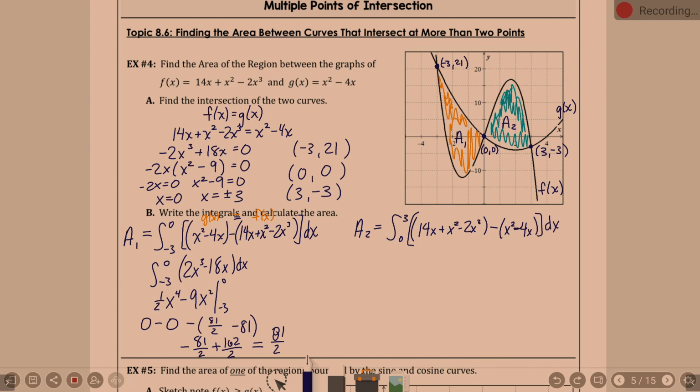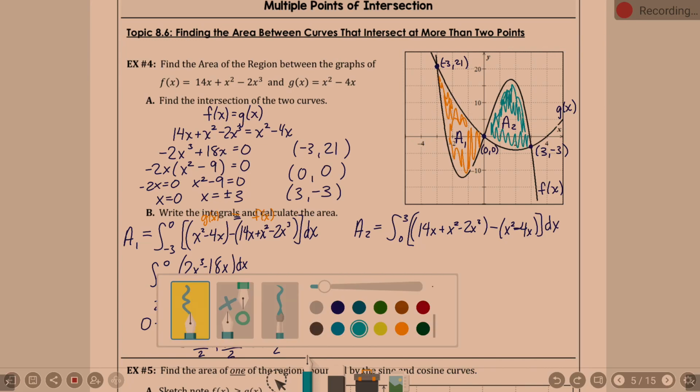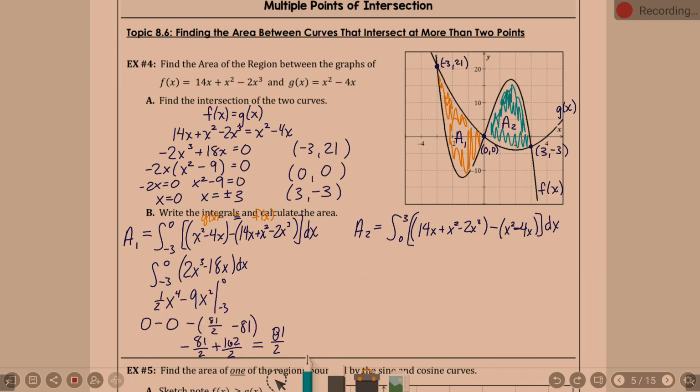What you should have been doing here, I didn't really talk much because we talked last time: g of x was on top last time. This time, this is one of the reasons we have to do it separately, because now the cubic is on top, so it's f of x minus g of x. Okay?